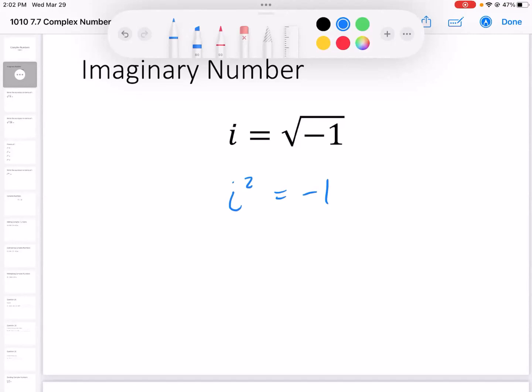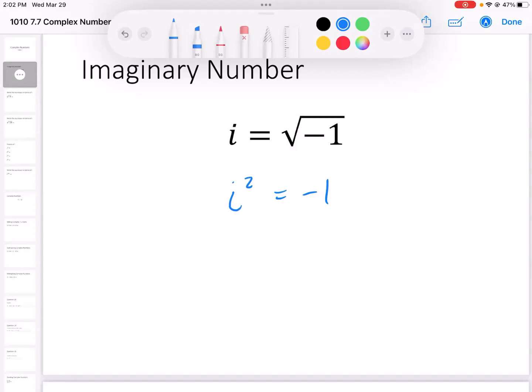And it seems like it's saying the same thing, but there is a reason why it's important to define it this way. And so basically i is a number that we created so that we could find the square roots of negatives. And I don't know why they decided to call it the imaginary number. I think it's kind of interesting. That's like, oh, we'll just call it imaginary.